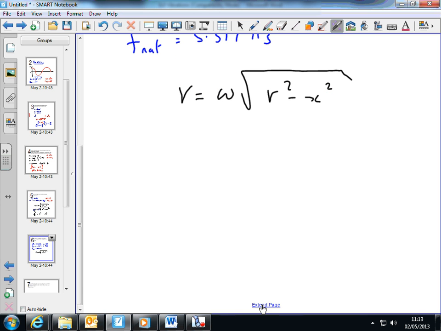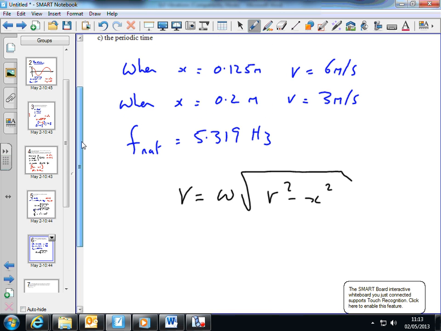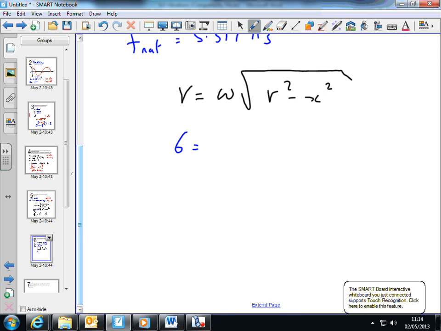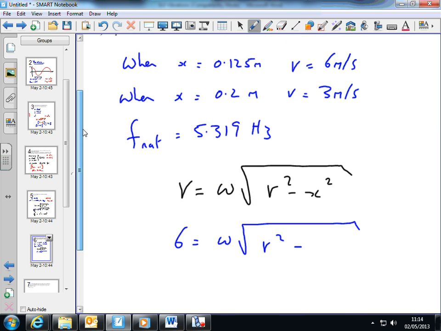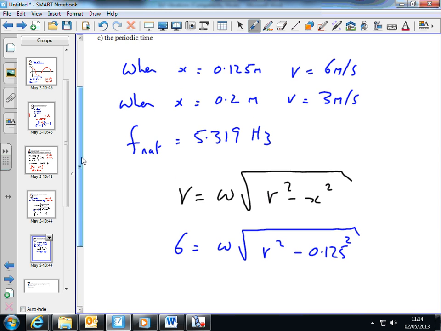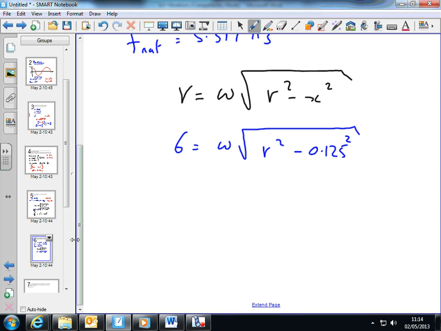So I can write down that, taking the first situation, for example, 6 equals omega times the square root of r squared minus 0.125 squared. Is it? 0.125, yeah. Okay.